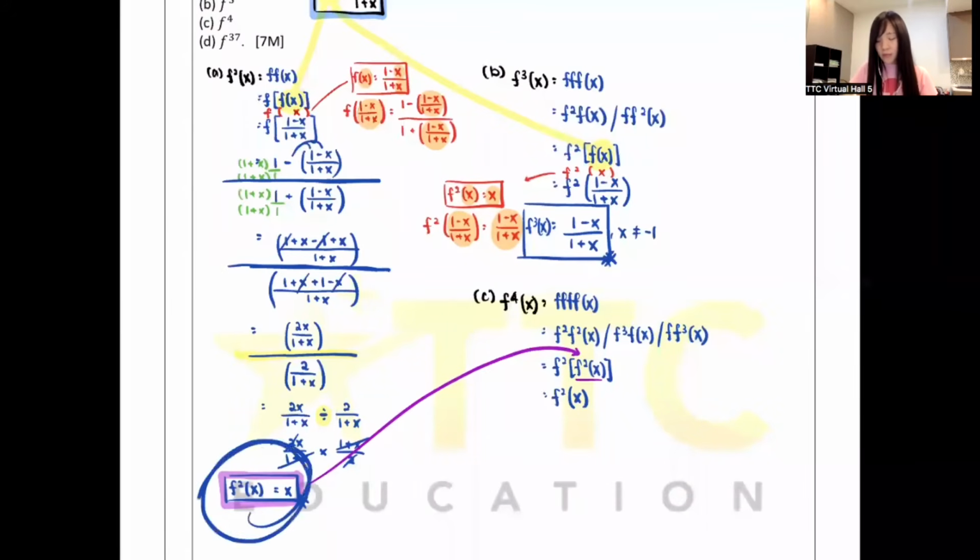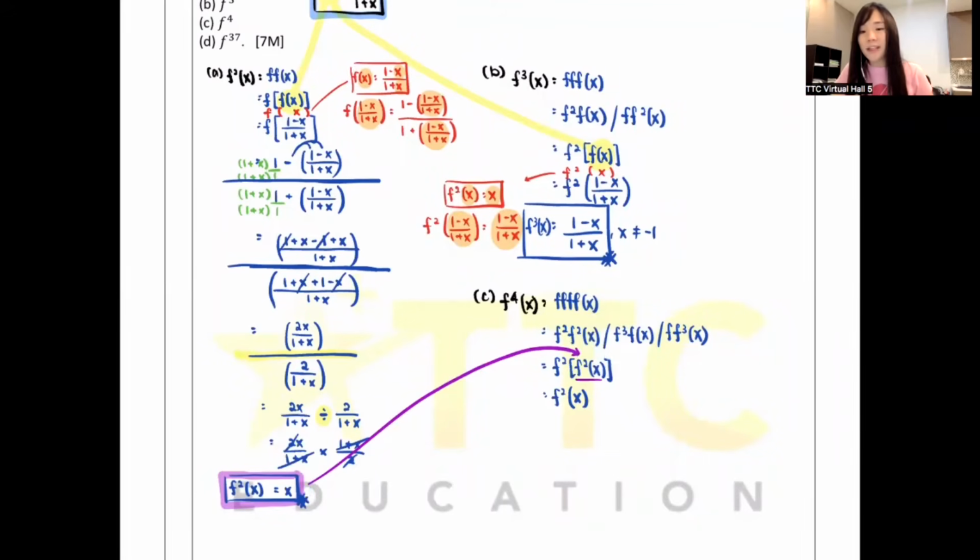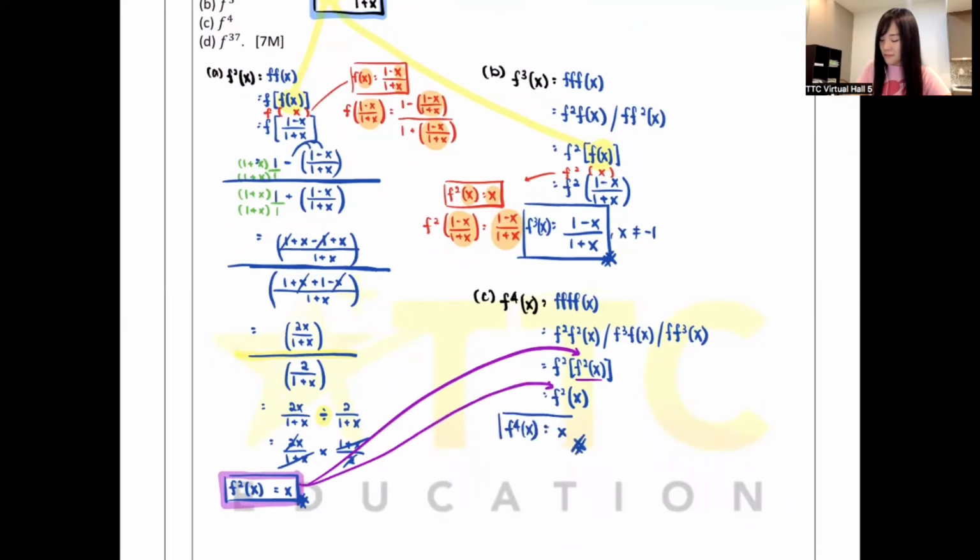Because you see, f square x is x. So suddenly this f square x straight away just becomes x, correct? Then continue, another f square x, again, is just x. Whoa, I got it without doing anything. Isn't it my f power 4 x answer is just x? Can you guys see that?